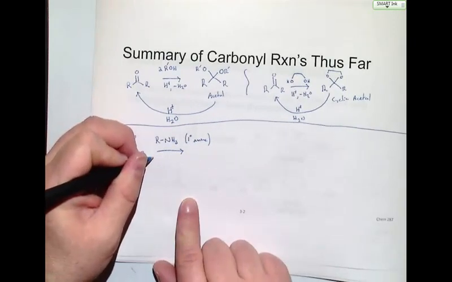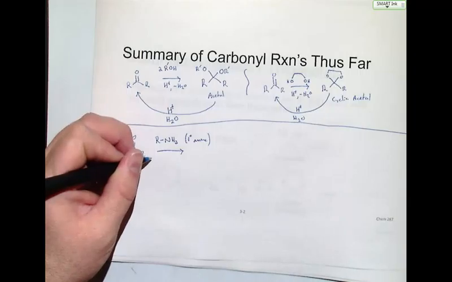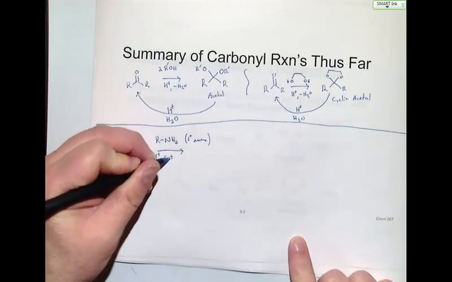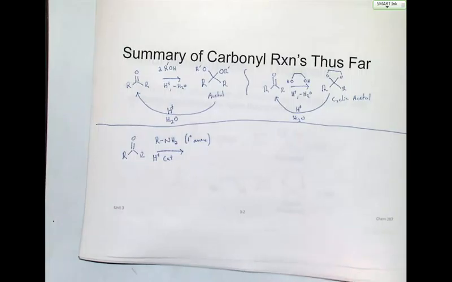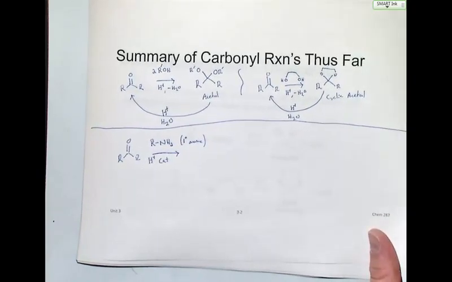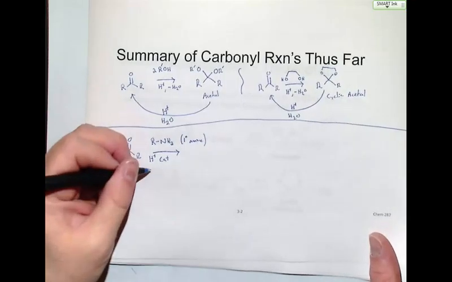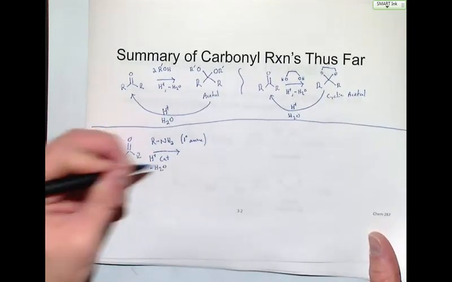And we needed an acid catalyst for this as well. And do we lose water in this reaction? Yeah, it's the same as before. That's what the acid catalyst is for. It's to make a good leaving group out of the carbonyl oxygen. So we would lose water in this.